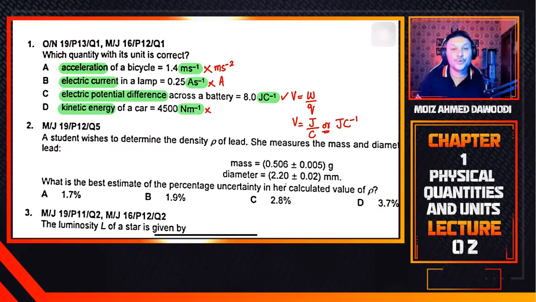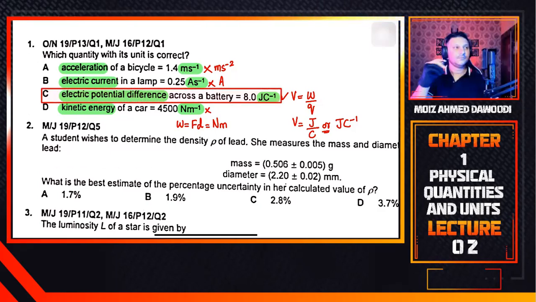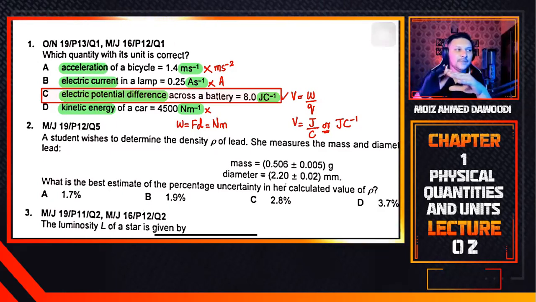Newton per meter is wrong because energy can be replaced by work and it should have unit Newton meter, not Newton per meter, or Newton meter inverse. So your correct answer is C. This is how you have to go through each and every option and figure out which one is the correct answer.